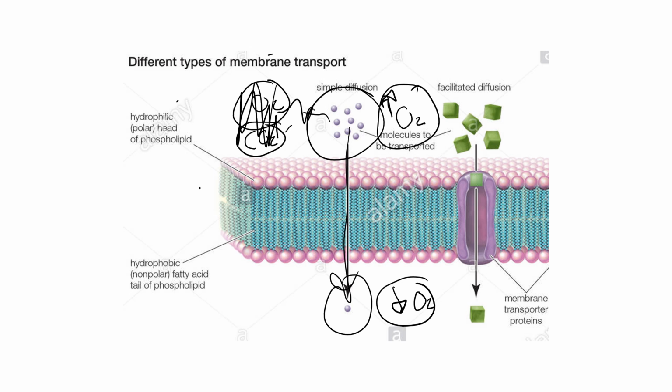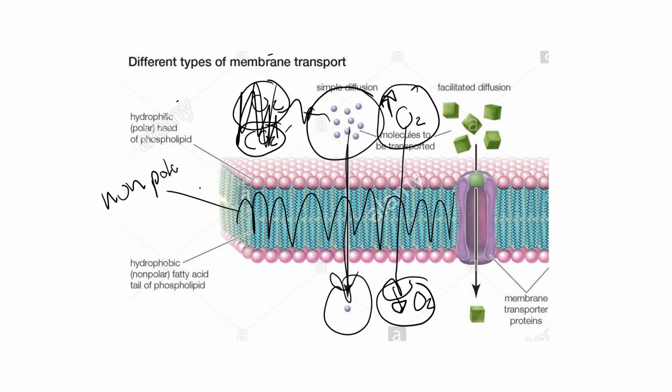Oxygen wants to move from the high to the low concentration into the cell, and it's going to be able to do it without any energy. So this is a type of passive transport. But the other thing is, since oxygen is nonpolar, the core of the plasma membrane, which is nonpolar because it's made up of hydrocarbons, won't reject oxygen, right?